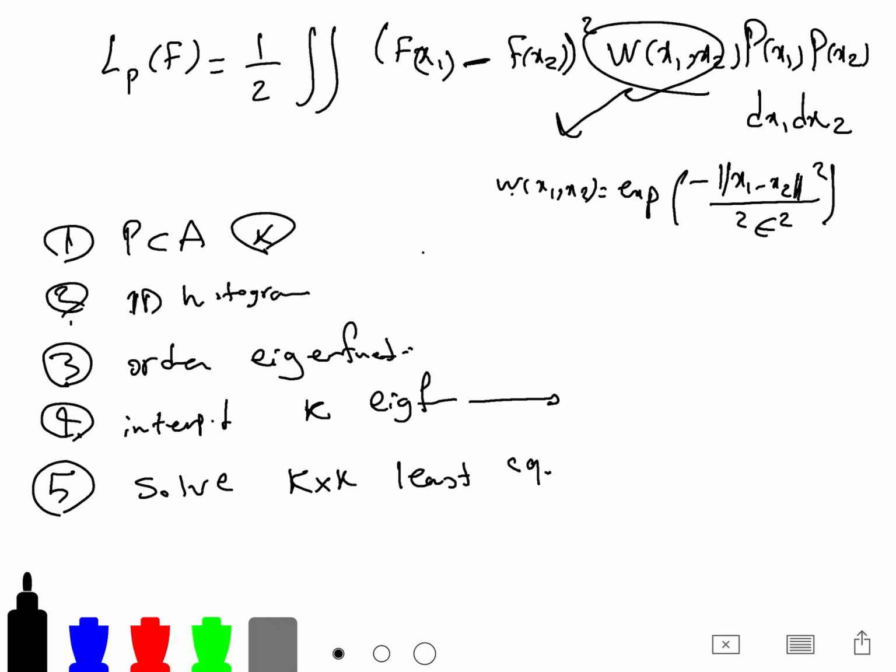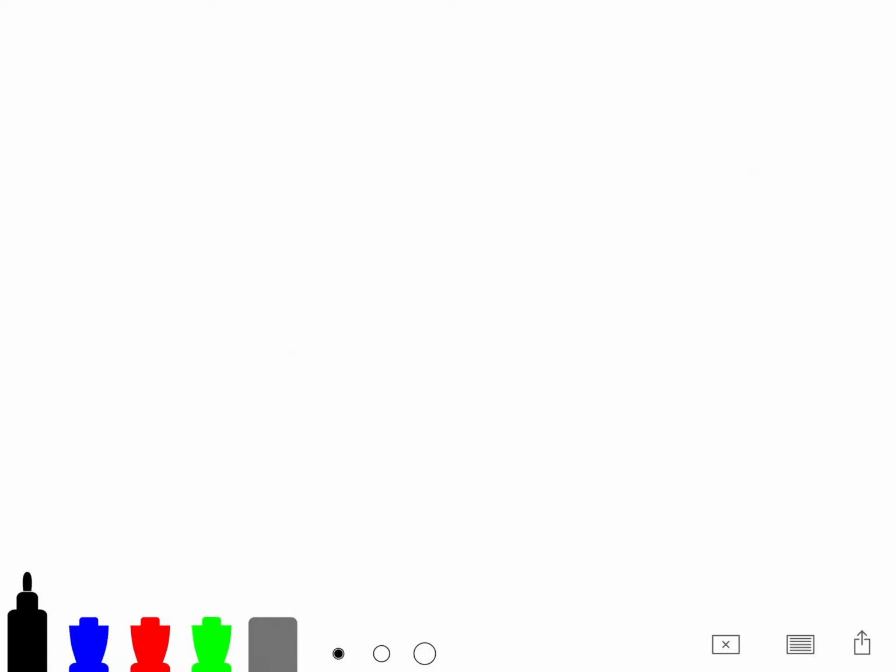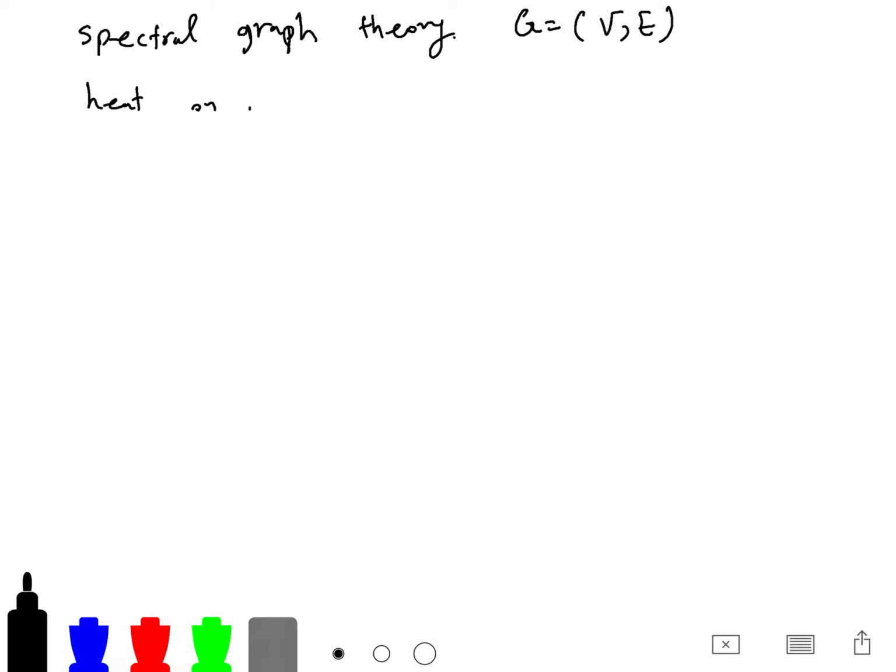So let's talk about spectral graph theory, just the intuition behind it. In the next lecture, I will talk about details very briefly. In spectral graph theory, we have a graph G with vertices and edges. You can imagine you have heat on nodes.